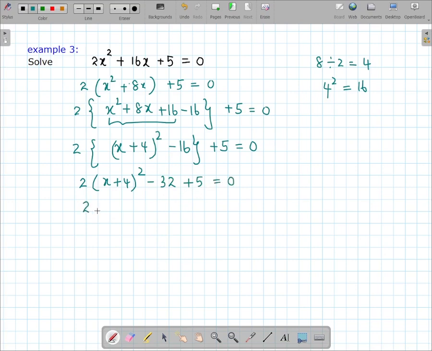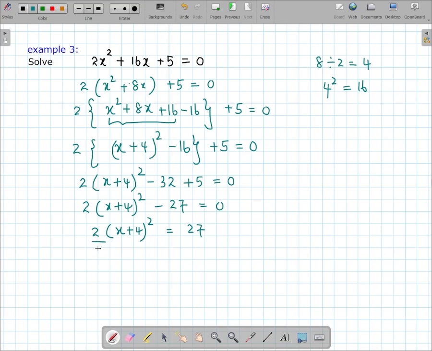And 2 times (x plus 4) to the power 2, minus 32 plus 5 is minus 27, equals 0. Then I can send minus 27 to the other side. 2 (x plus 4) to the power 2 equals, minus 27 comes to this side, plus 27.